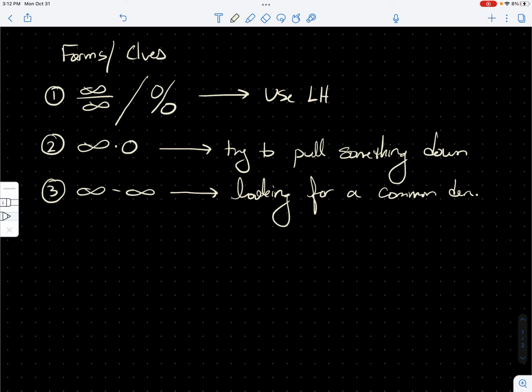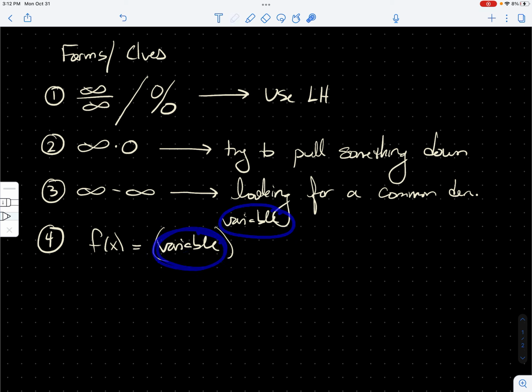The fourth kind of clue is if your function f of x looks like a variable somehow raised to a variable. There might be, plugged into a function, who knows. But if there's variables somewhere here and variables somewhere here, this is when you should consider looking at the limit of x as x goes to whatever of the natural log of f of x.